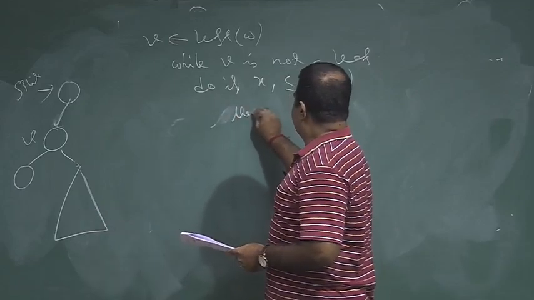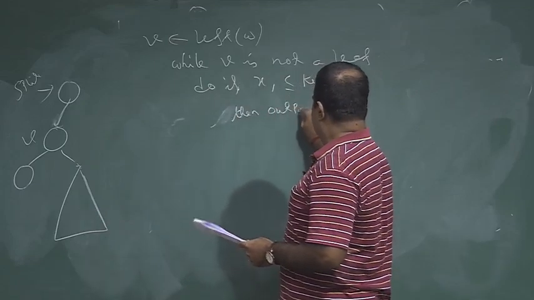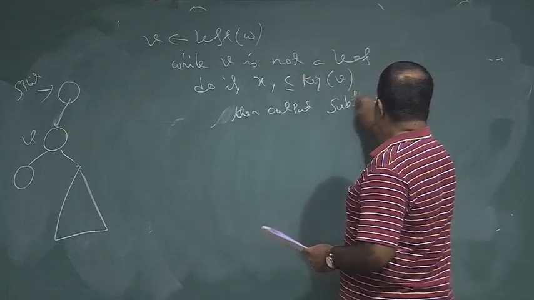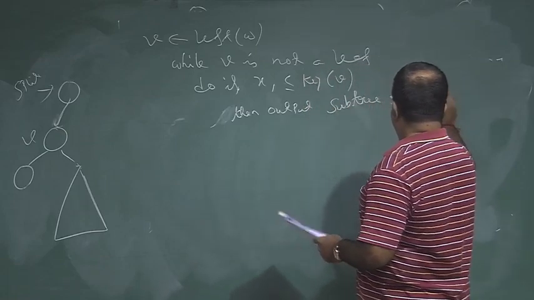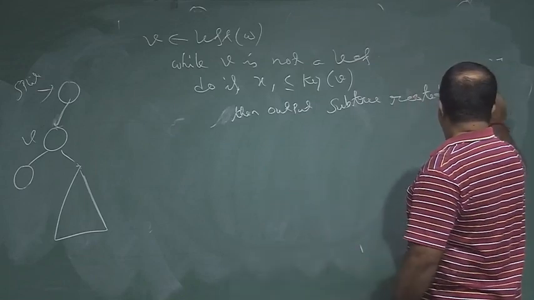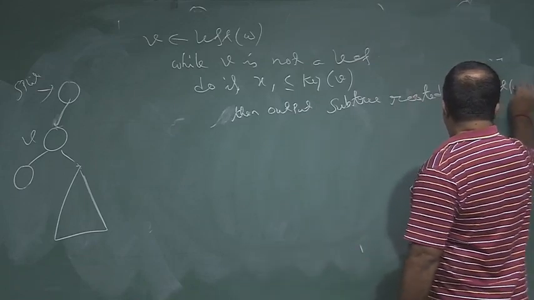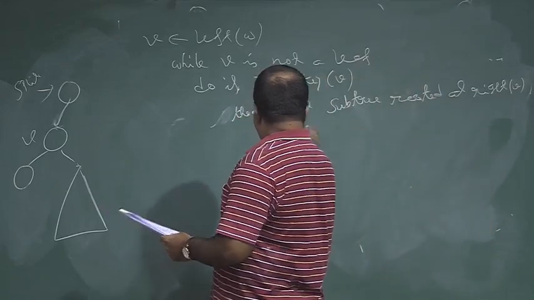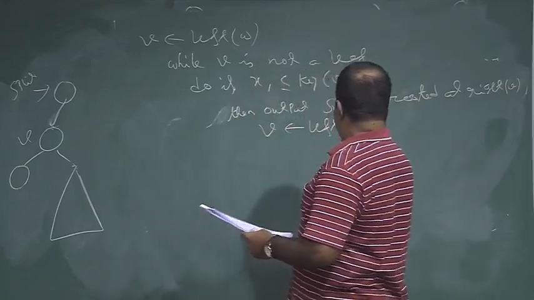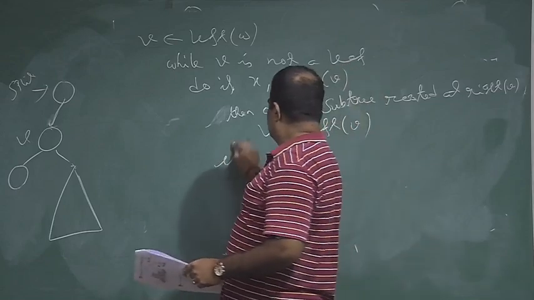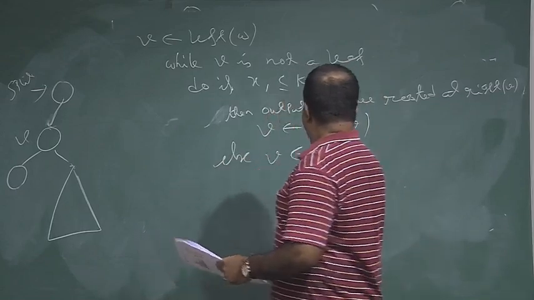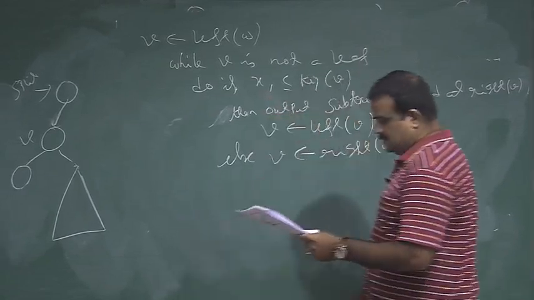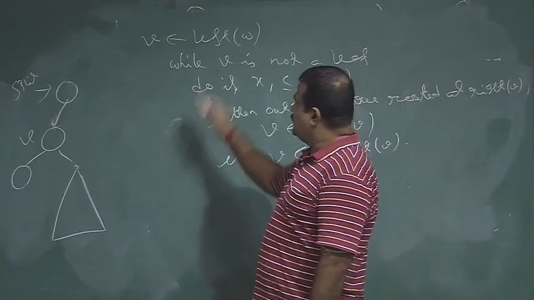Then output the subtree rooted at right of V. And we then go to the left of V again, else we go to the right of V. We continue until it is a leaf node.